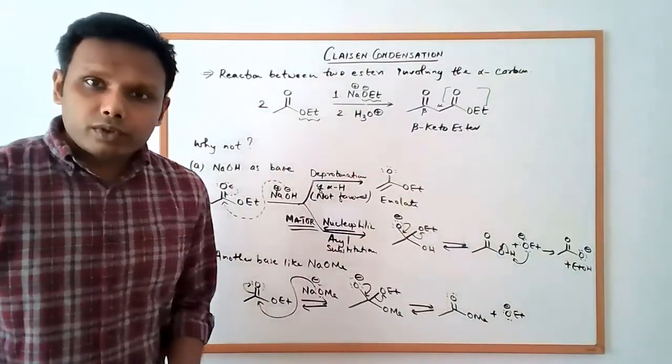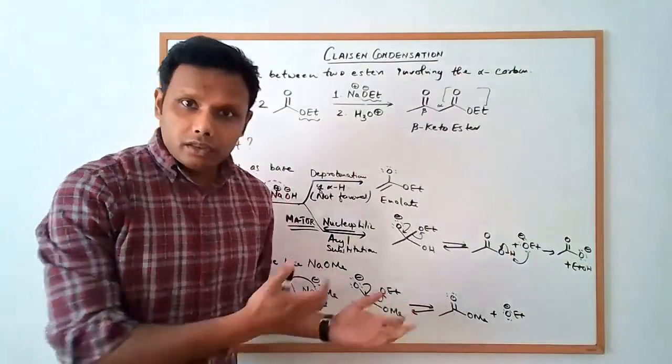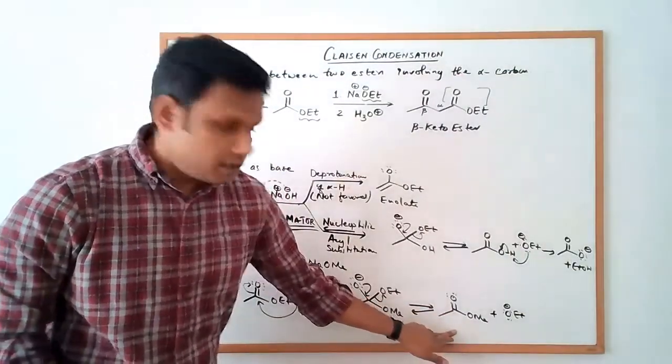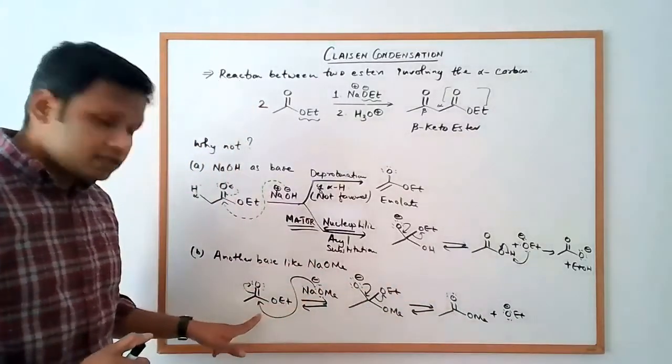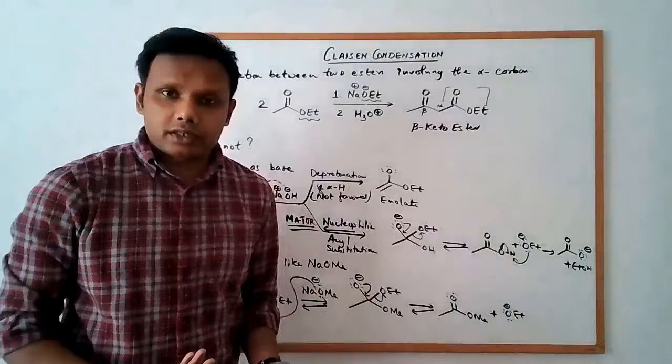And so essentially we are going to have an ester in the reaction mixture which is different in identity from the starting ester. So we'll have two different esters doing the reaction.